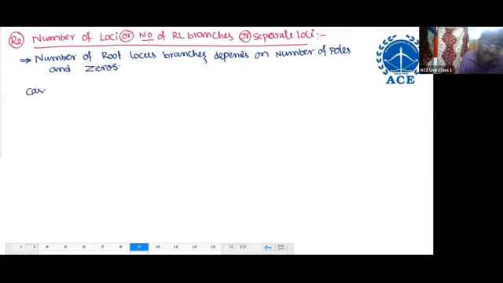Case 1: poles greater than zeros. In case poles are greater than zeros, the number of root locus branches equals the number of poles.